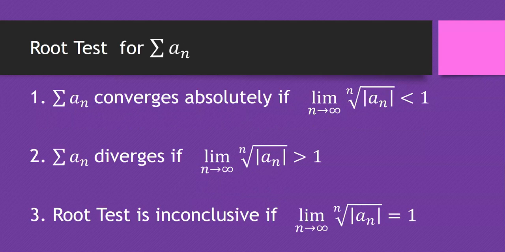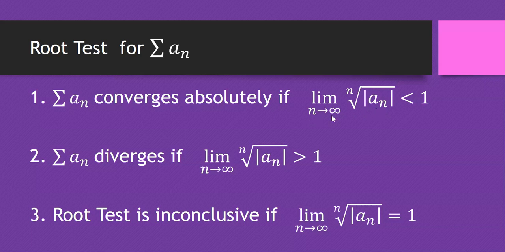Now the other test in this section is called the root test for an infinite series. Instead of taking the limit of a ratio, it takes the limit of a root. So it takes the limit of the nth root of the absolute value of the nth term in the underlying sequence.